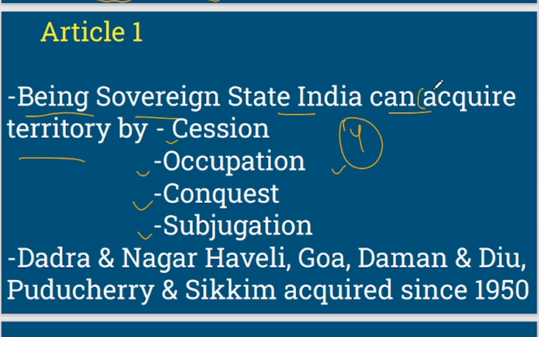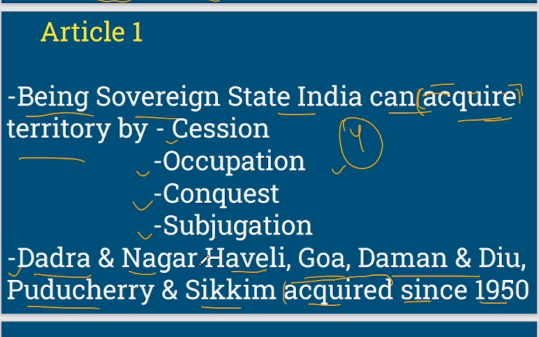And you should know this word, acquire. Dadra and Nagar Haveli, Goa, Daman and Diu, Puducherry and Sikkim have been acquired since 1950. So here also this word acquired, and here also it says acquire, so you need to relate.